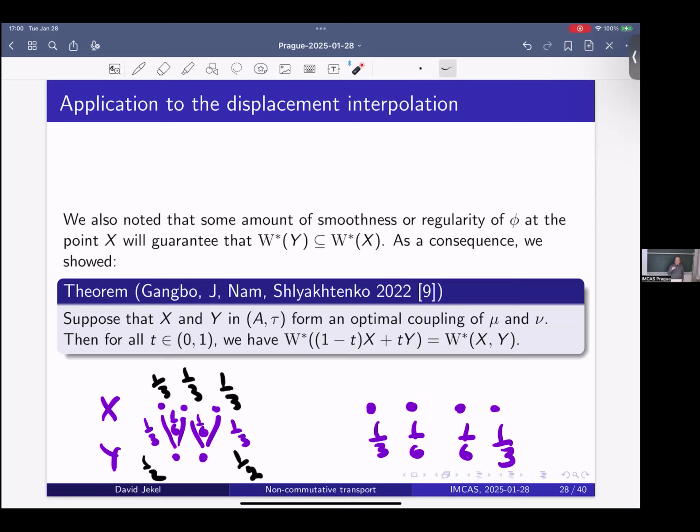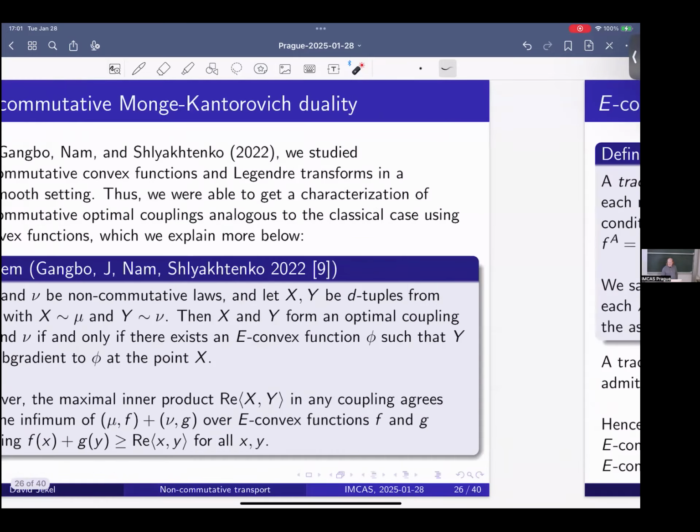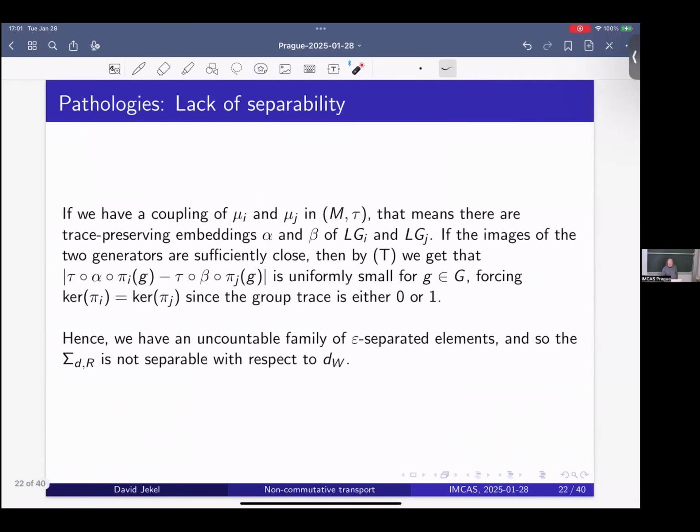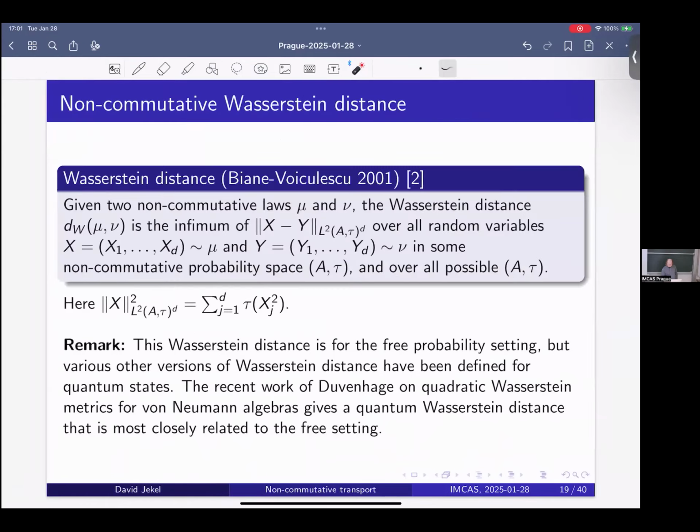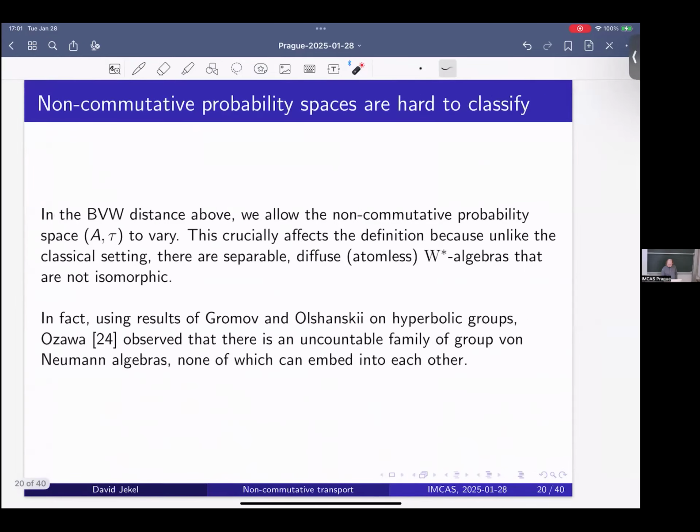You mentioned that Ozawa constructed the non-isomorphic group von Neumann algebras. Yeah, so let me see, where is this here?